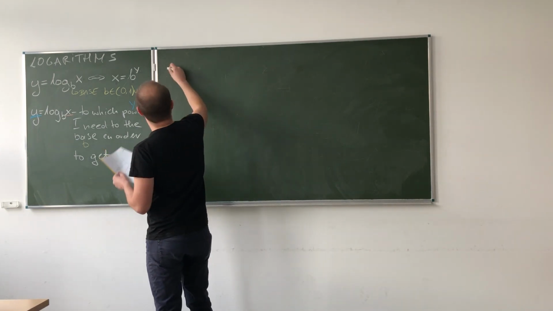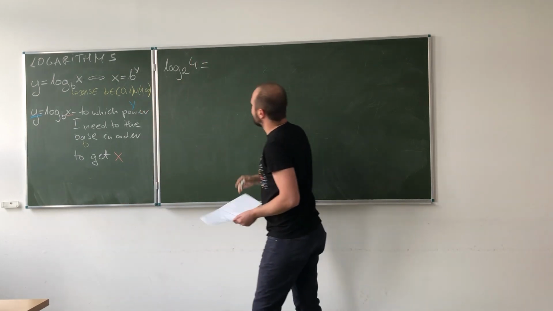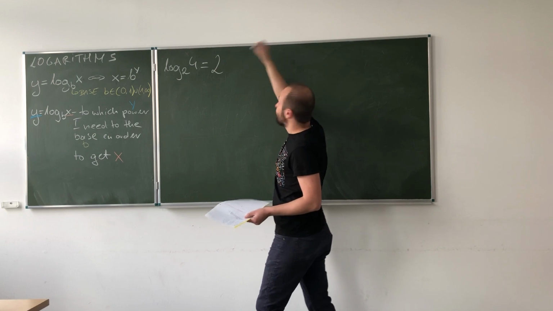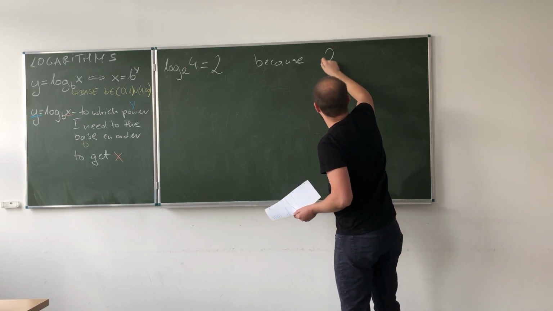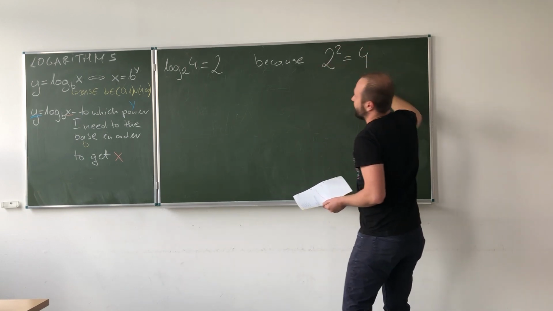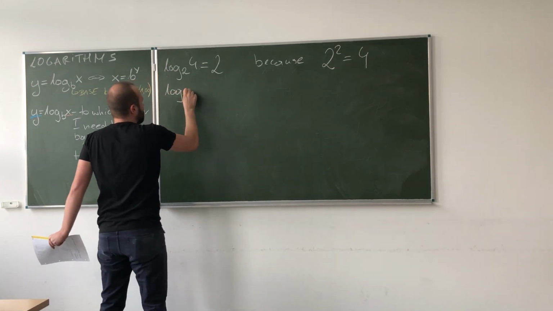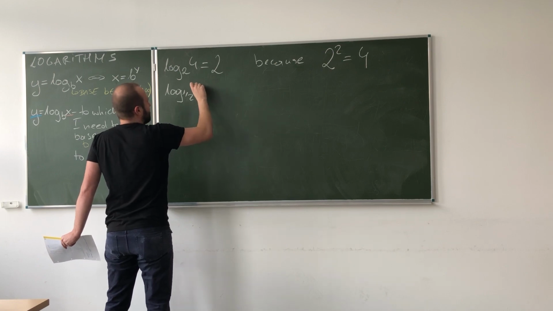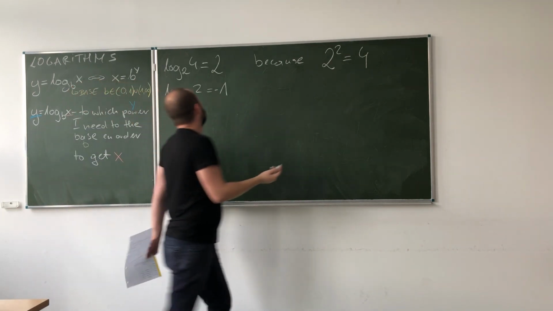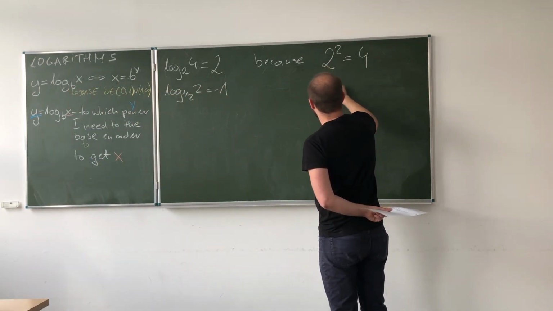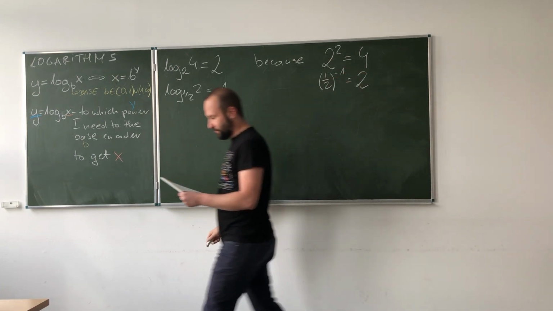Okay, so let's do a couple of examples, and let's relate those examples with exponential expressions. So logarithm with base 2 out of 4 is equal to 2, because 2 to the power of 2 is 4. Now, logarithm with base 1 over 2 out of 2 is equal to negative 1, because if I'm going to take 1 over 2 and raise it to the power of negative 1, I'm going to get 2.